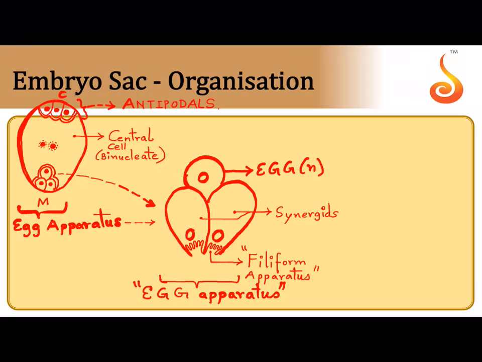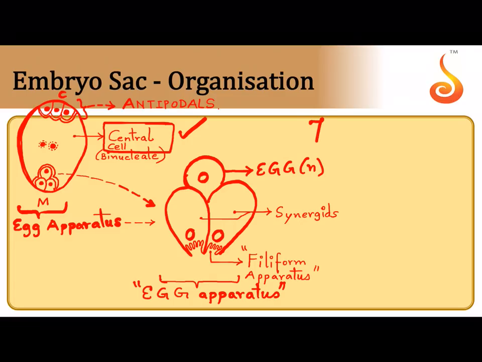At the lower ends, where the synergid is attached to the wall of the embryo sac, there are filiform apparatus, which are infoldings of the cell wall of the synergids. And which is the largest cell of the embryo sac? It is the central cell. It has how many nuclei? 2 nuclei. Clear?